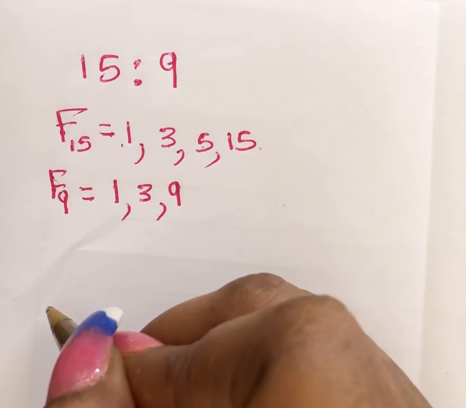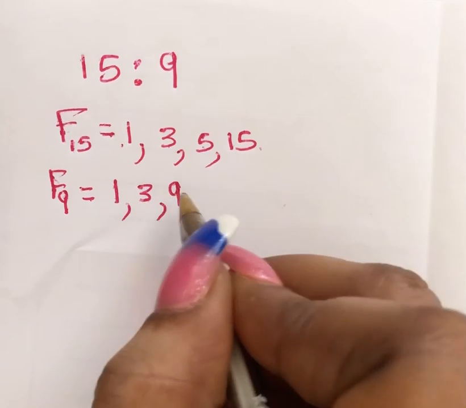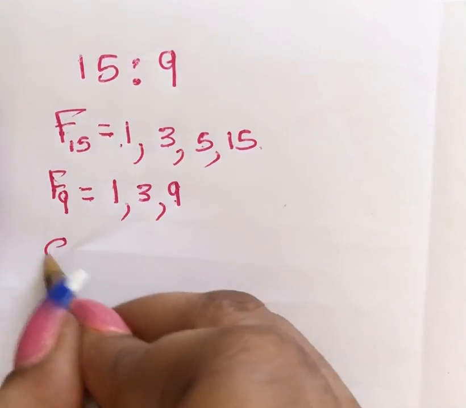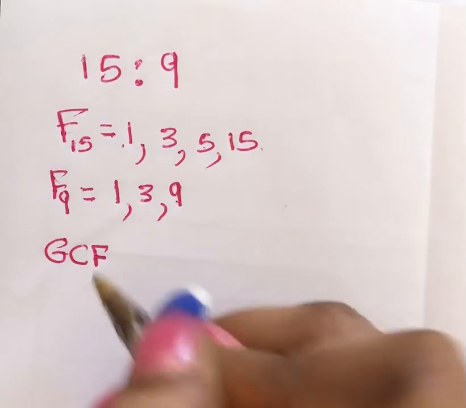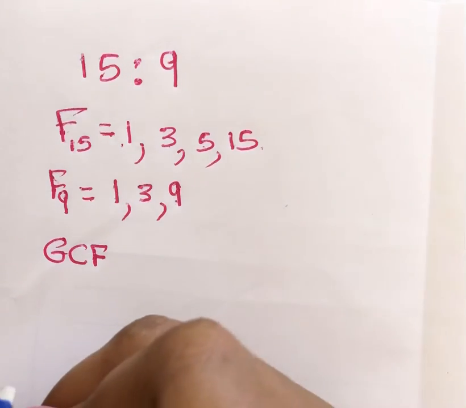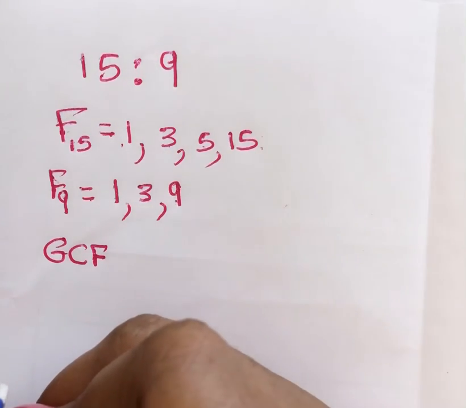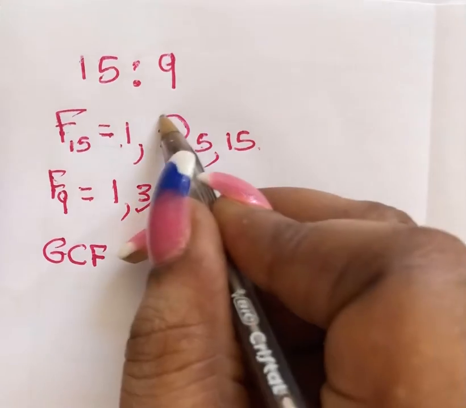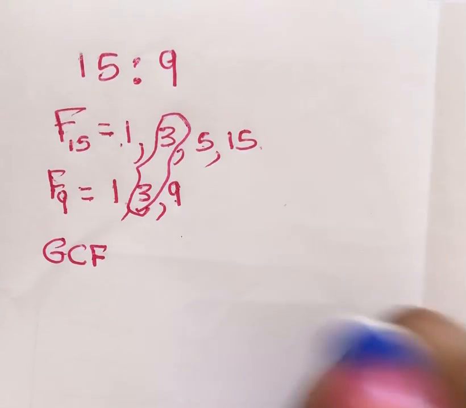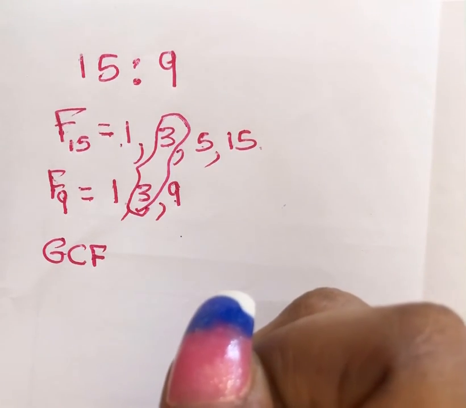So factors of 9 are 1, 3, and 9. I then look for the GCF, or what we call the greatest common factor.